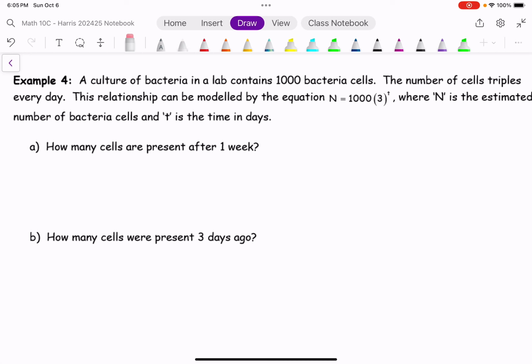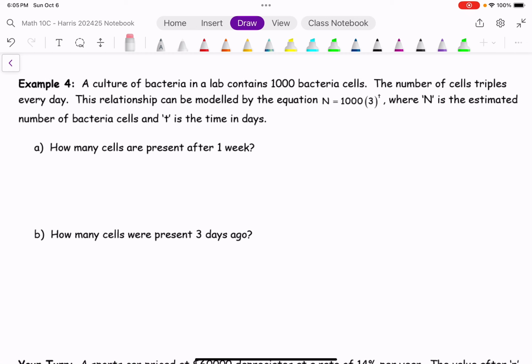This relationship can be modeled by the equation n is equal to 1,000 times 3 all to the power of t, where n is going to be the estimated number of bacteria cells, and t is going to be the time in days. It says how many cells were present after 1 week.